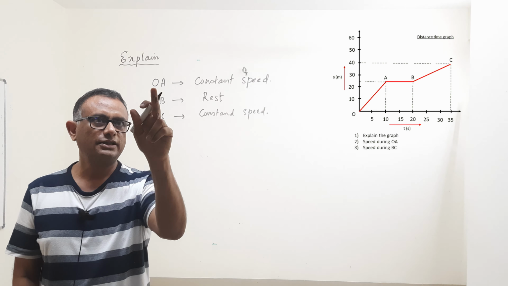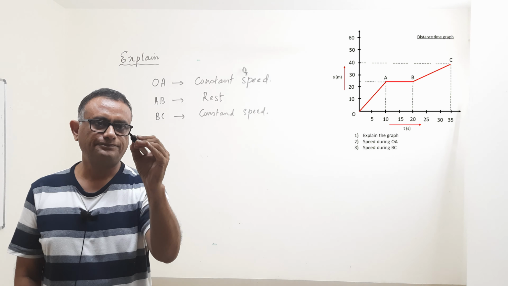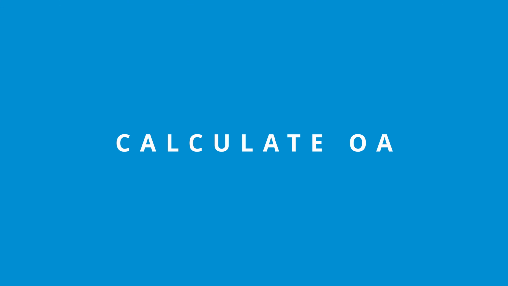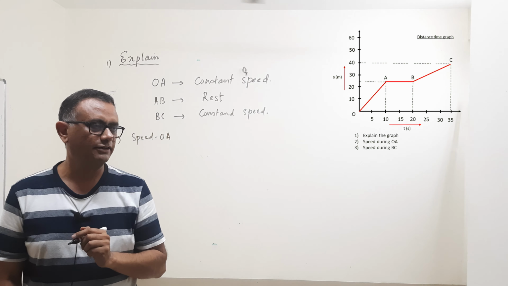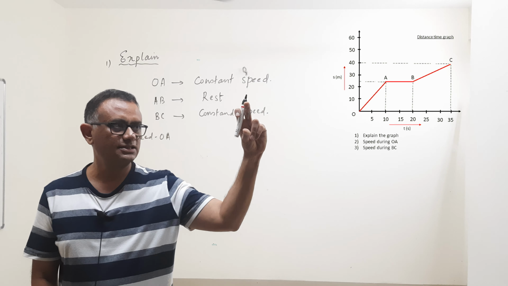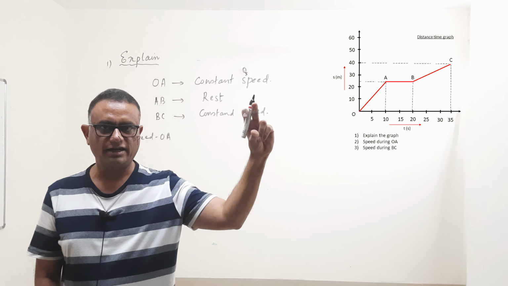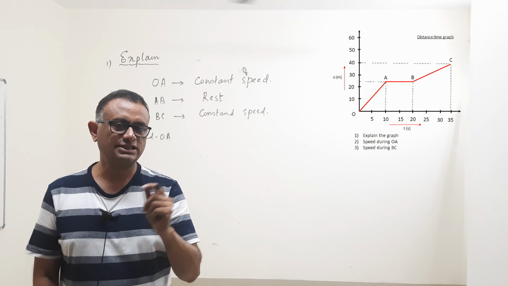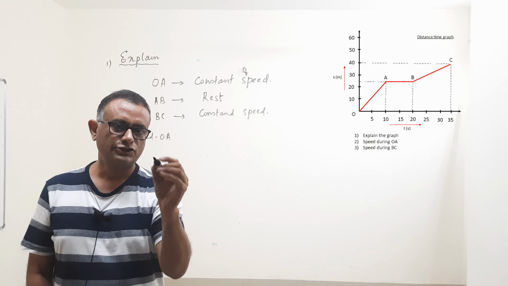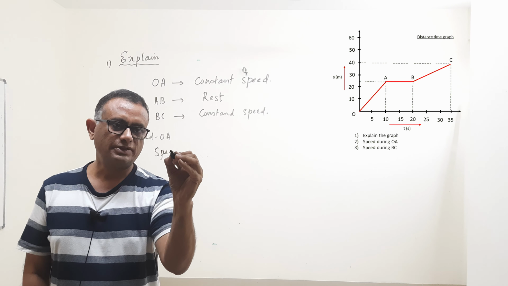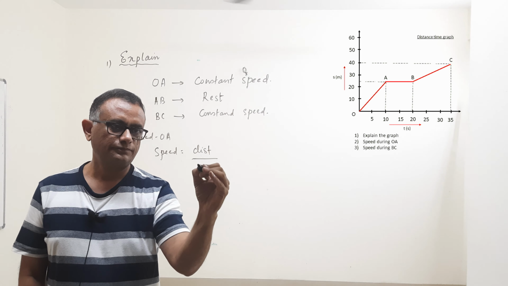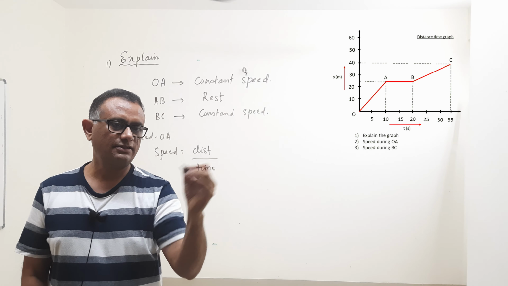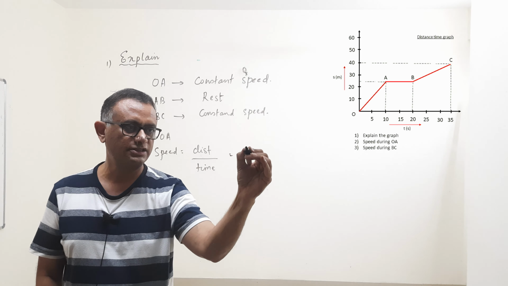Now we have to calculate the speed in section OA. To do this, we have to get some data from the graph. What is the total distance that is traveled in this graph? We see that 25 meters have been traveled, right? So we use the formula speed is equal to distance by time, and the distance traveled in that section OA is 25 meters.